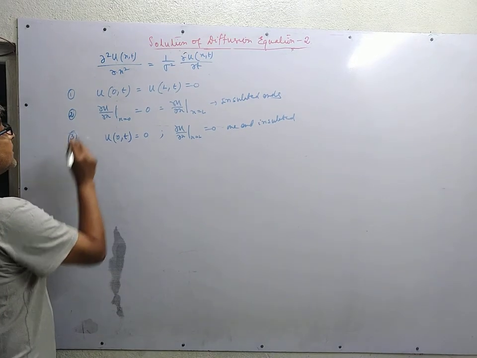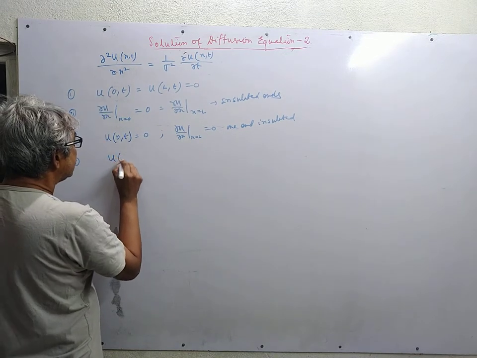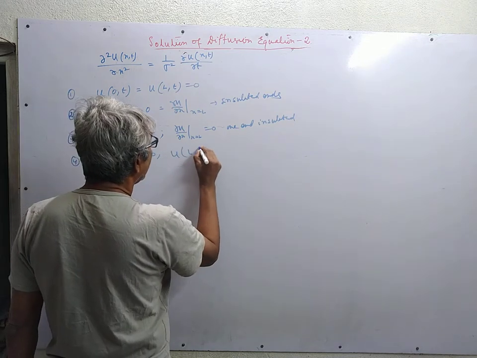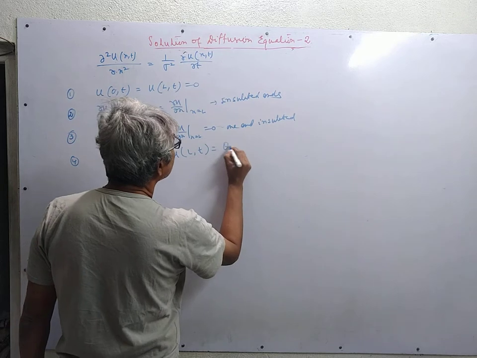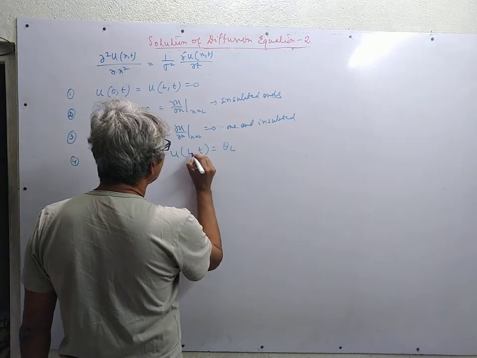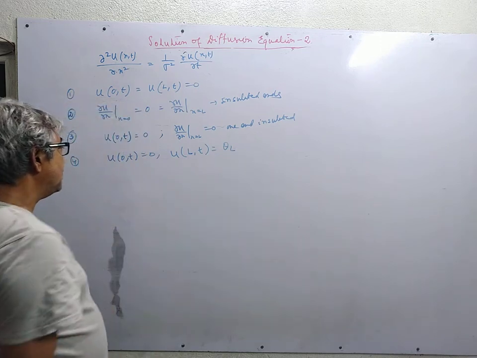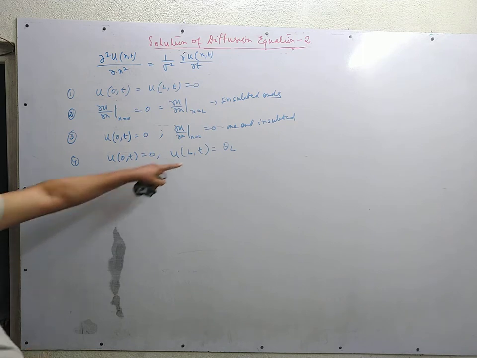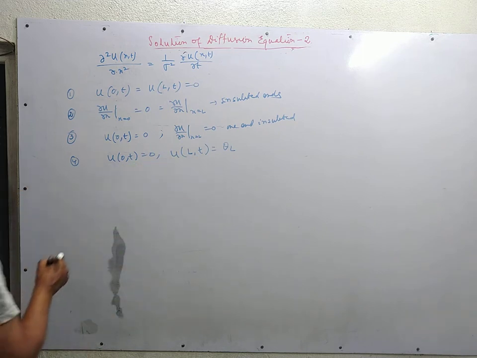Fourthly, we consider another type of case, that is u of 0,t is equal to 0 and u of L,t is equal to theta L. Then in the particular case k is equal to 0, when the separation constant is 0, that solution has to be taken into consideration.